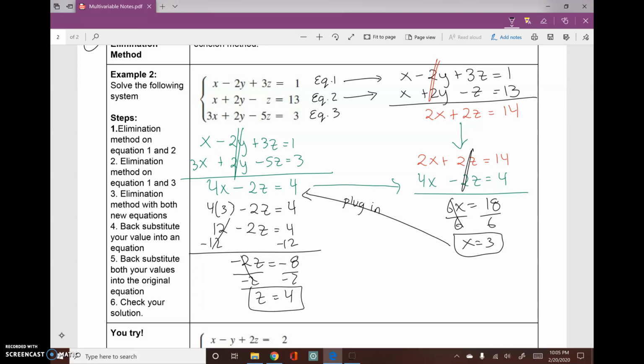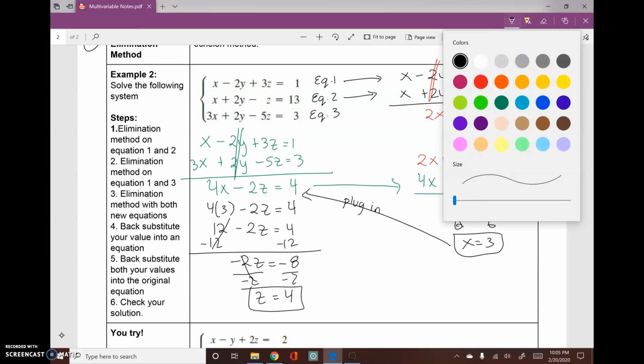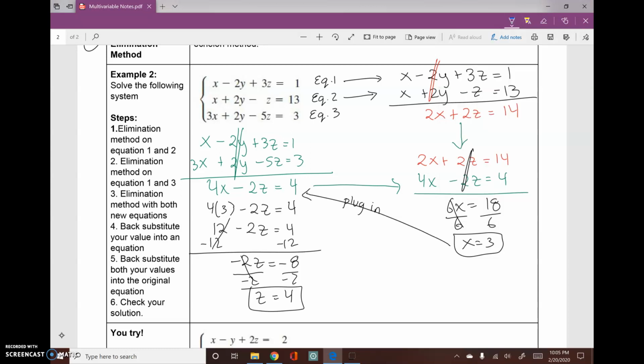And then you can plug x and z back into one of the original ones. So we're going to plug that into equation 1. 3 minus 2y plus 3 times 4 is equal to 1. So then 3 minus 2y plus 12 equal to 1.